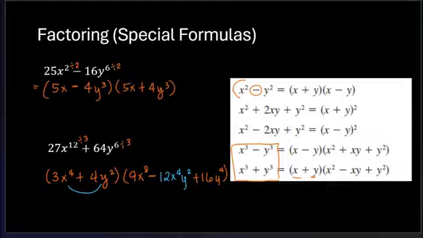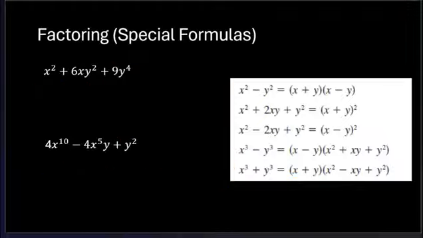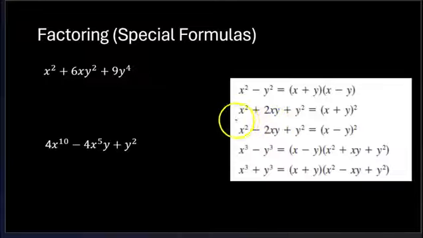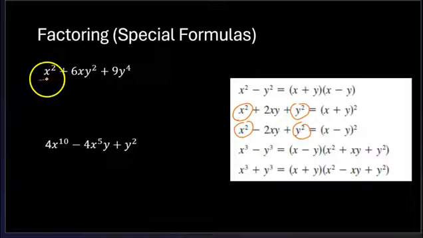Now for the trinomial, you have here, this one must be a perfect square, right? But we have to make sure that the middle is twice the product of x and y. So how do I check? First we check if it's a perfect square. Okay, it's a perfect square.